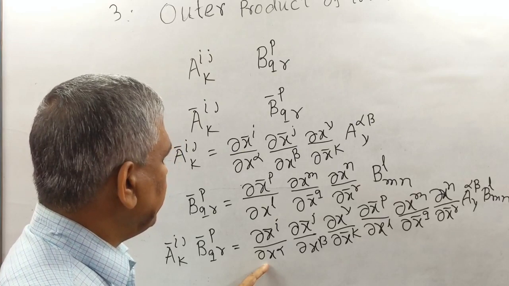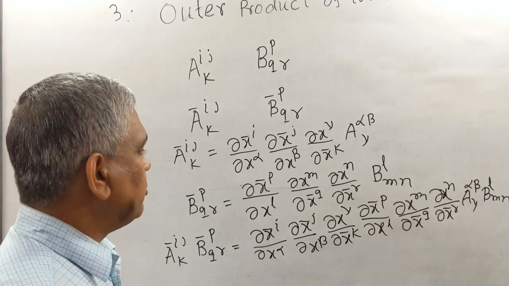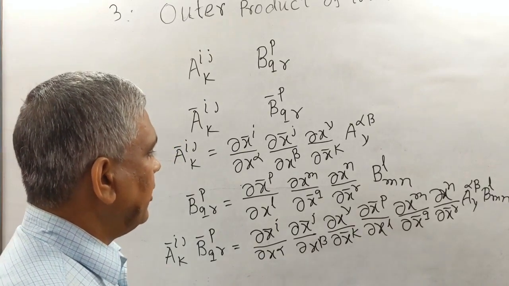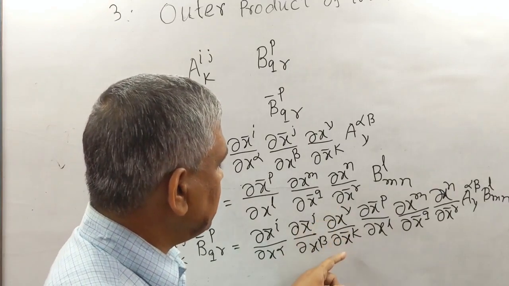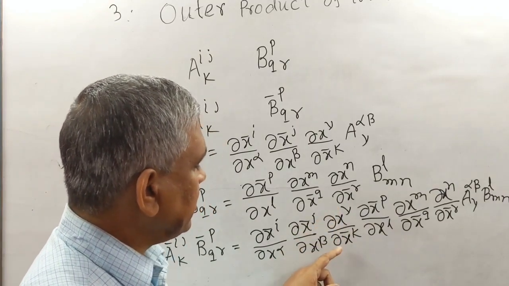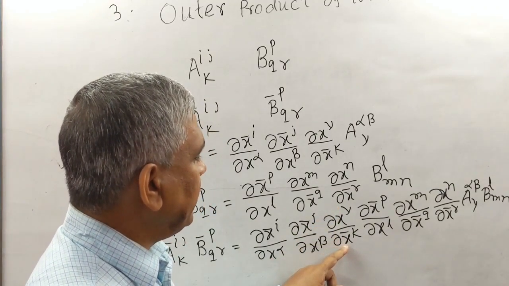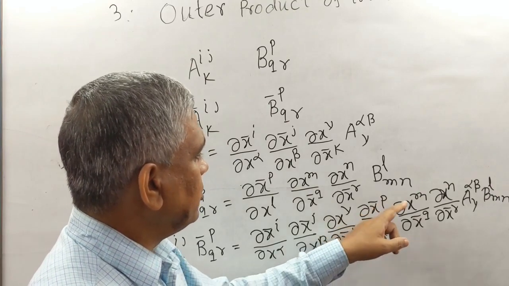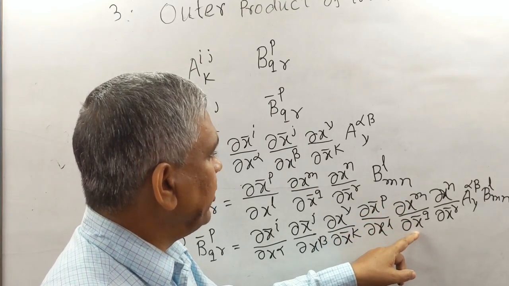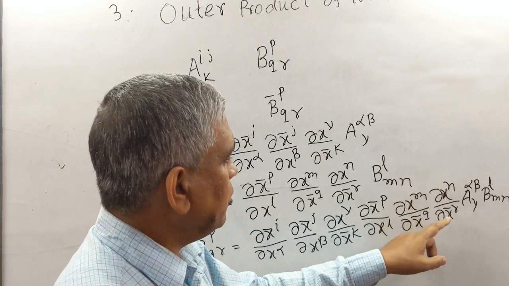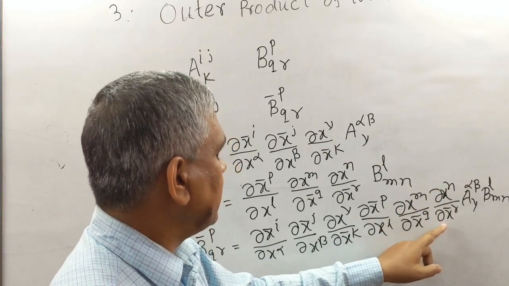is of rank 3 with respect to contravariant tensor, and this partial derivative represents covariant tensor. This also represents covariant tensor, and this also represents covariant tensor.